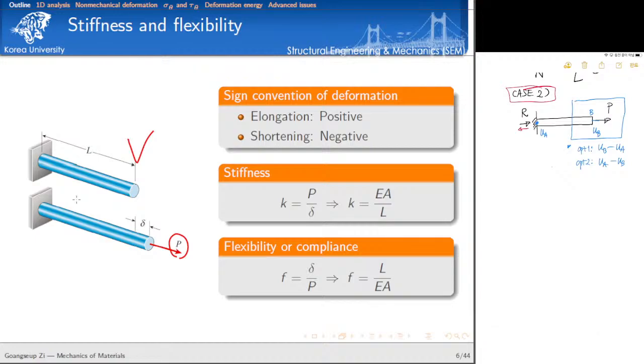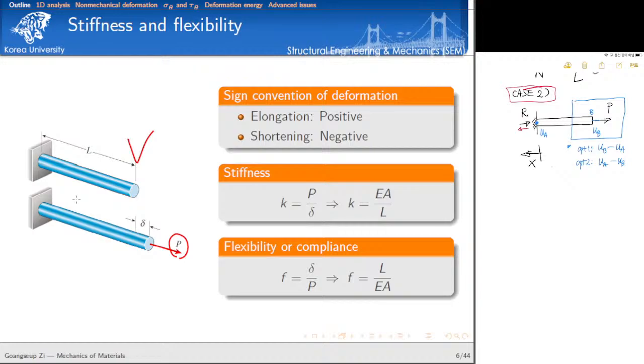So most people would use the right hand direction coordinate system, but let's say we have a student who doesn't want to follow other people's option, such that he wants to use this coordinate system x. It's perfectly fine.